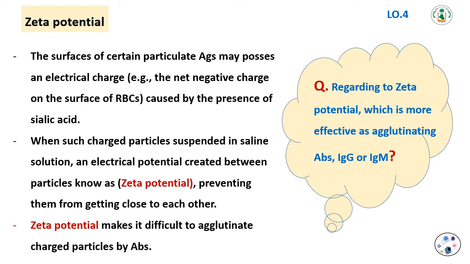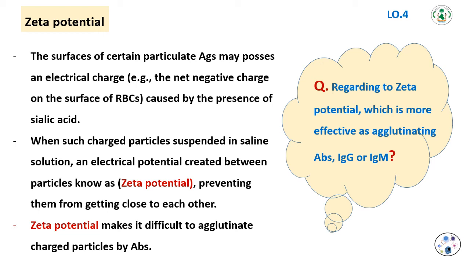When such charged particles are suspended in saline solution, an electrical potential is created between particles, known as zeta potential. This potential prevents them from getting close to each other. The zeta potential makes it difficult to agglutinate charged particles by antibody.